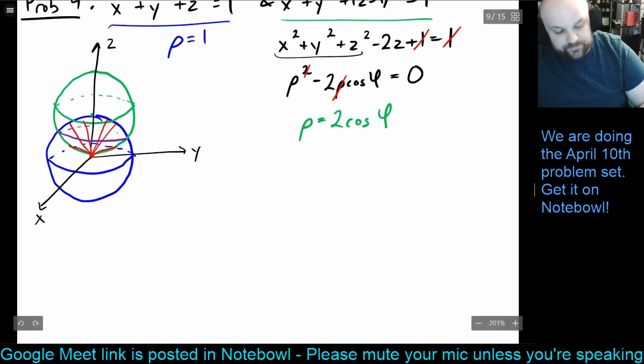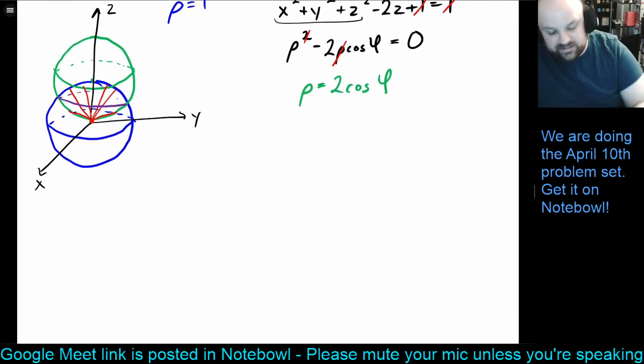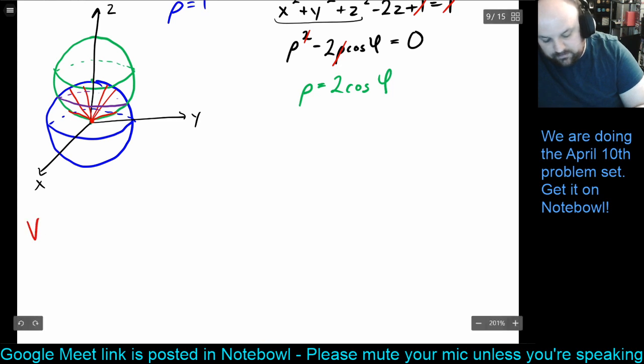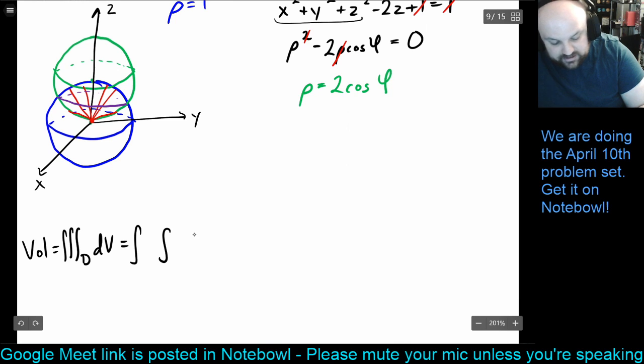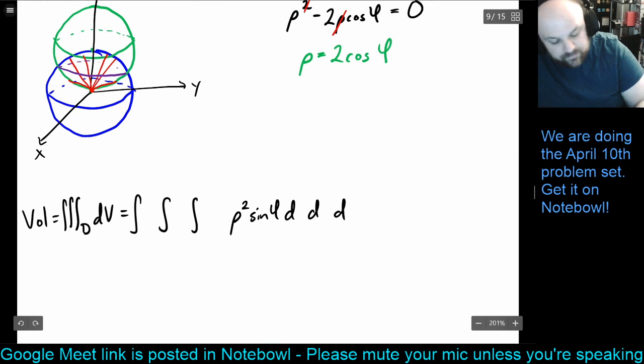So what I'm going to do is say, all right, well, the volume is always this triple integral of dV. And here, this is going to split into 2 pieces.